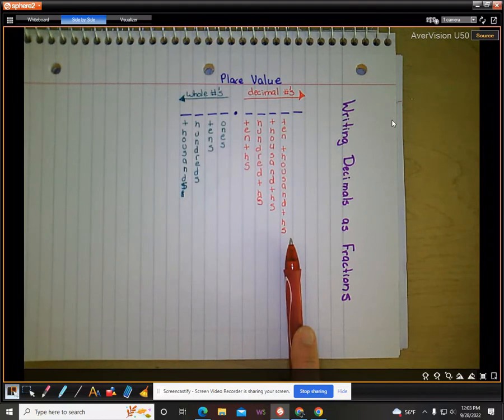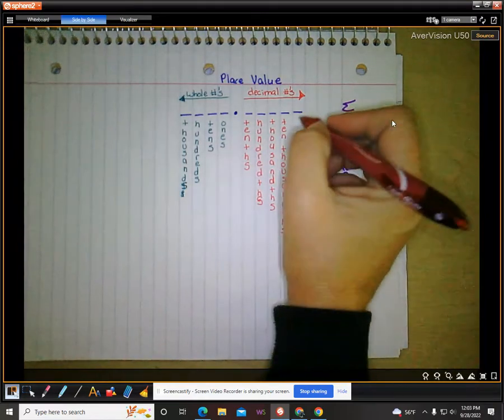And then again, it just mirrors the other side. So after 10 thousandths, what would come next? Mateo? Yep. 100,000 with a THS.